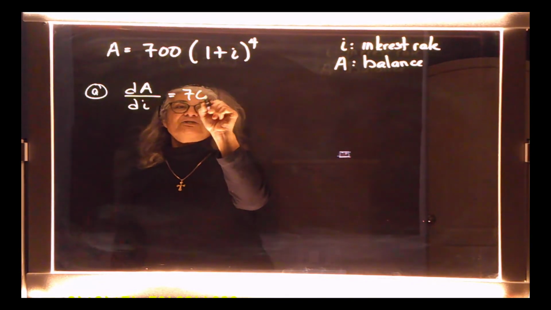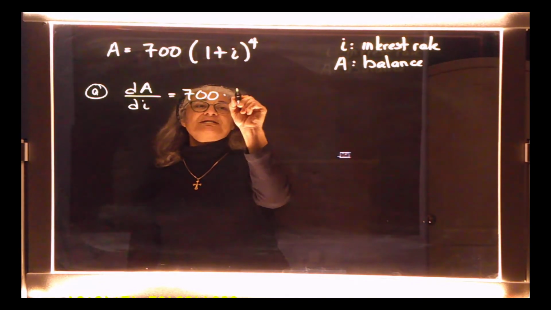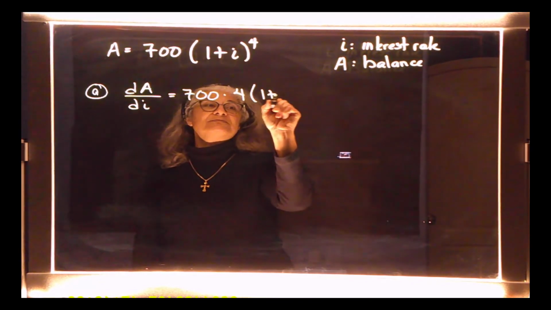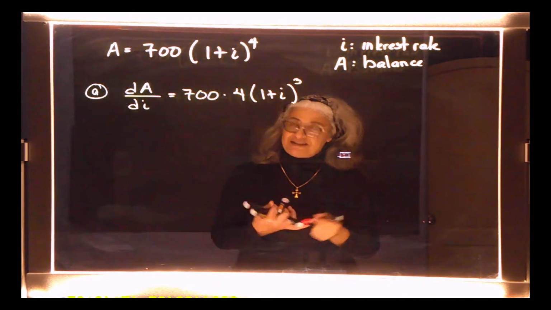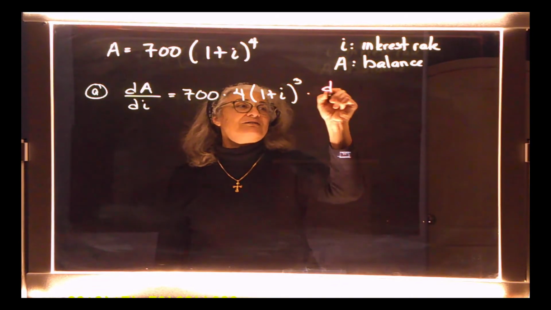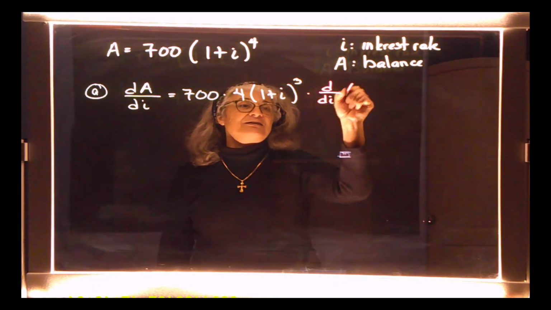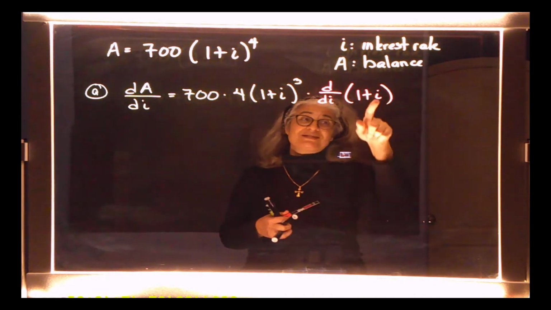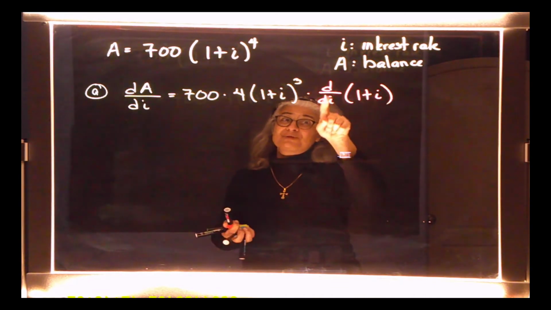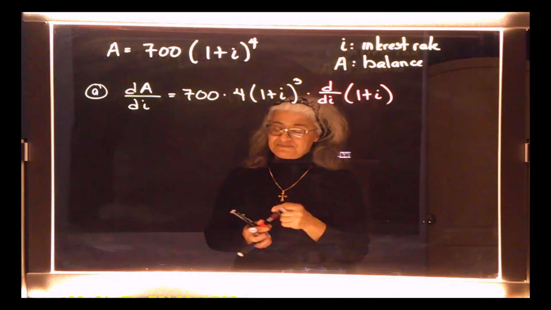Write the 700, bring down the power, reduce the power by 1, and then take the derivative, with respect to I, of the inside, right? Don't put x there because this isn't an x, this is an I. So derivative with respect to I.